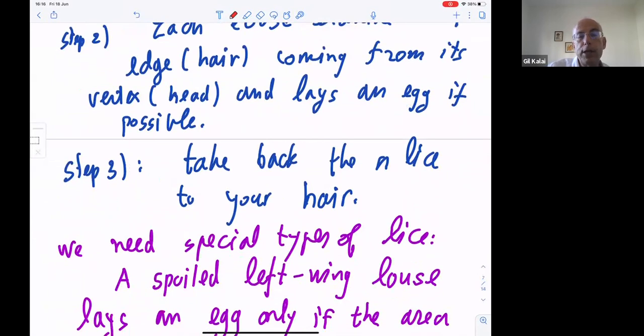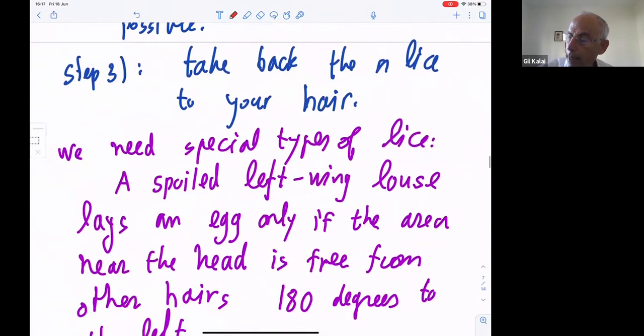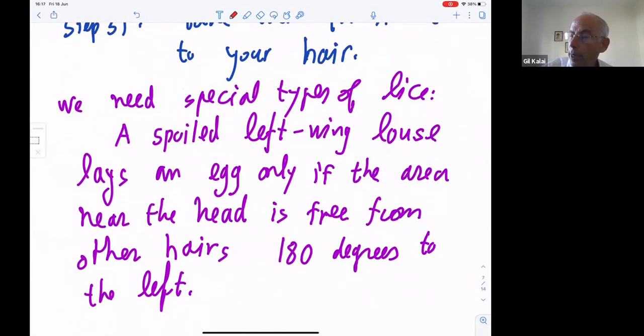proof work, we need a special type of lice called the spoiled left wing louse. And I will mention that also a spoiled right wing louse can be used. Now, what is a spoiled left wing louse?